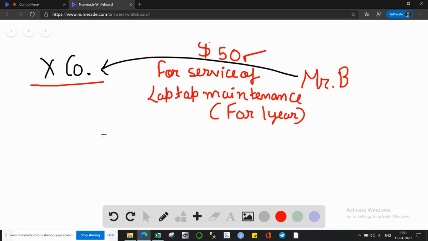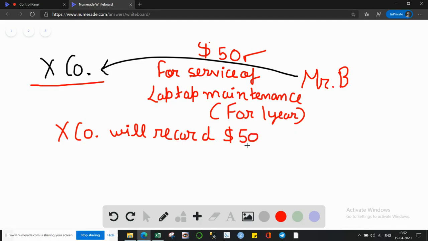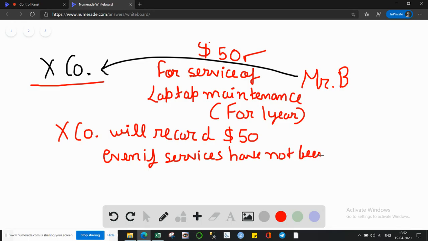Let's understand this in other words. The X company will record $50 even if these services have not been provided.